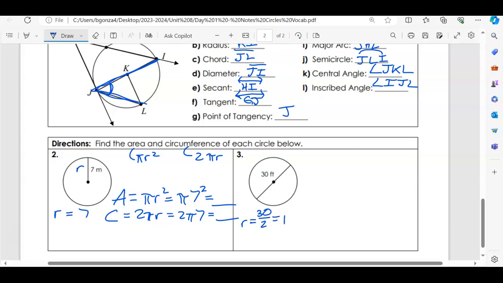Which gives me 15. Okay, so then you could do pi 15 squared. And 2 pi 15, okay? Again, I'm sure you could type that in your calculator and get the answer, so I will let you do that. But I'm going to pass out the assignment.